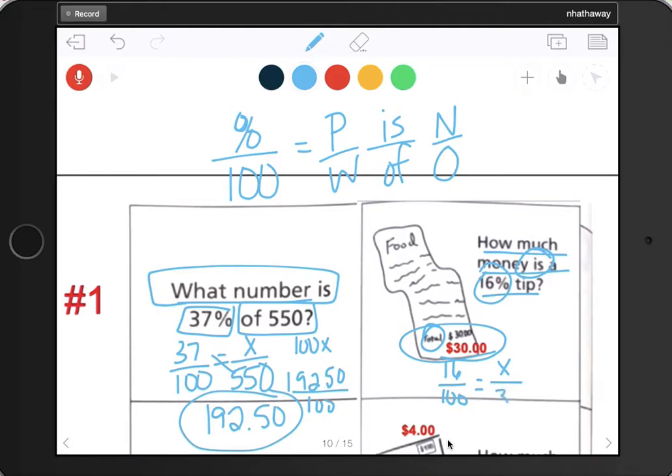And then our total, or our whole, is 30. So 16 times 30, we get 480. If we divide that by 100, we get $4.80. And that makes sense on a $30 bill. It would be $4.80.